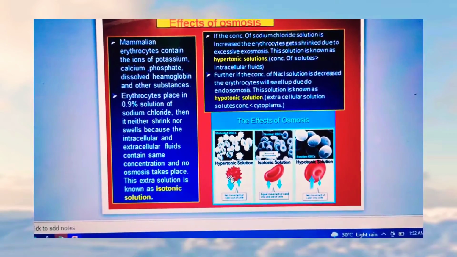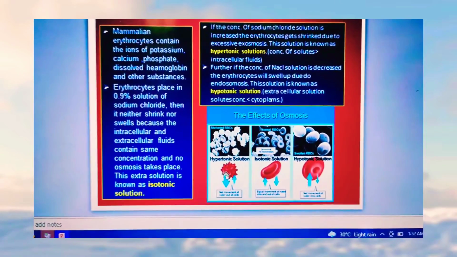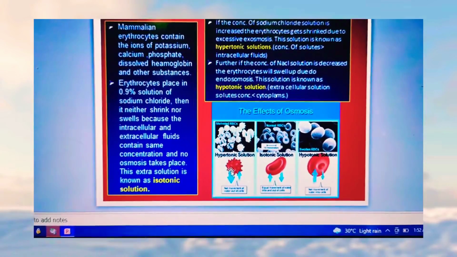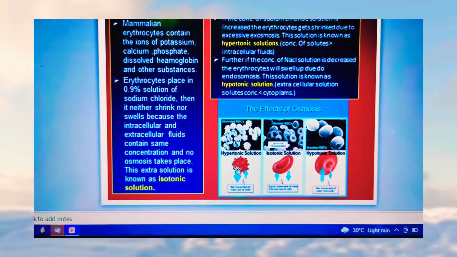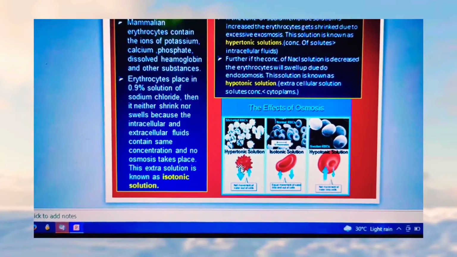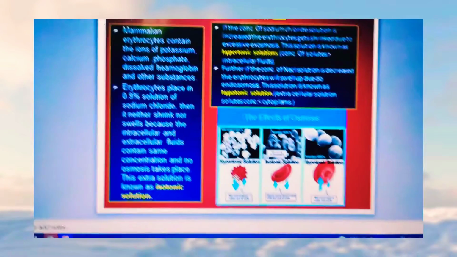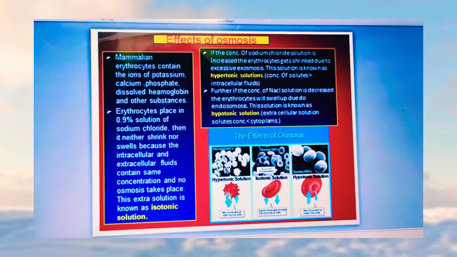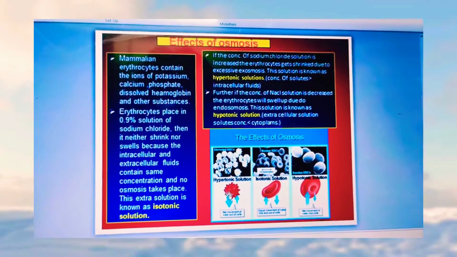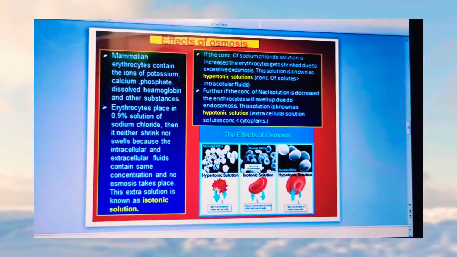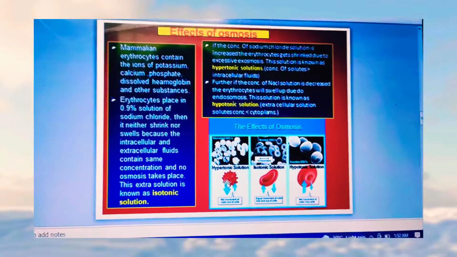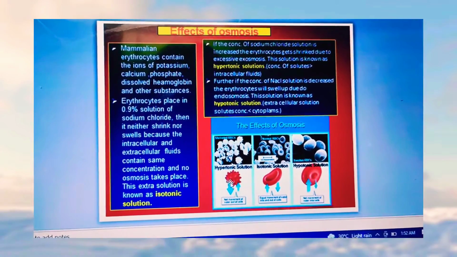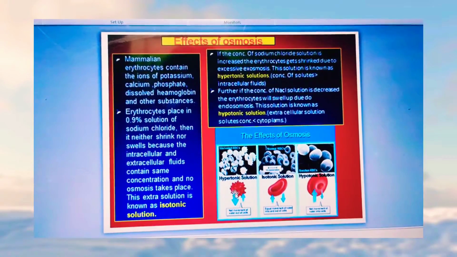For example, if we take the example of a raisin, we soak the raisins overnight, and during the morning hours they get swollen. Why? Because the water goes inside the raisins, moving from its higher concentration to its lower concentration. We know that water is a universal solvent.